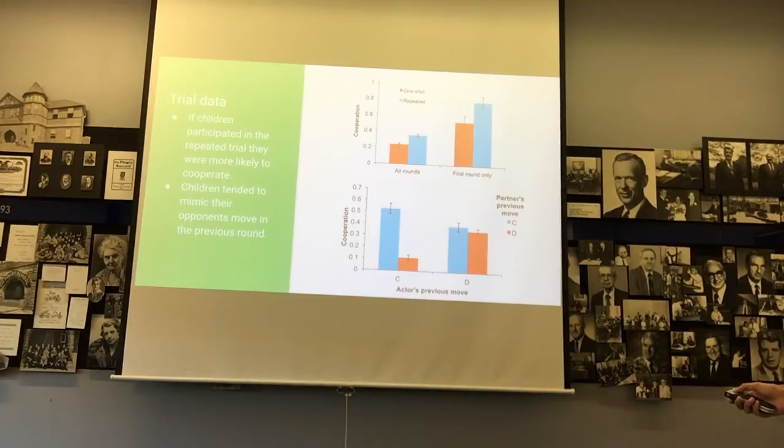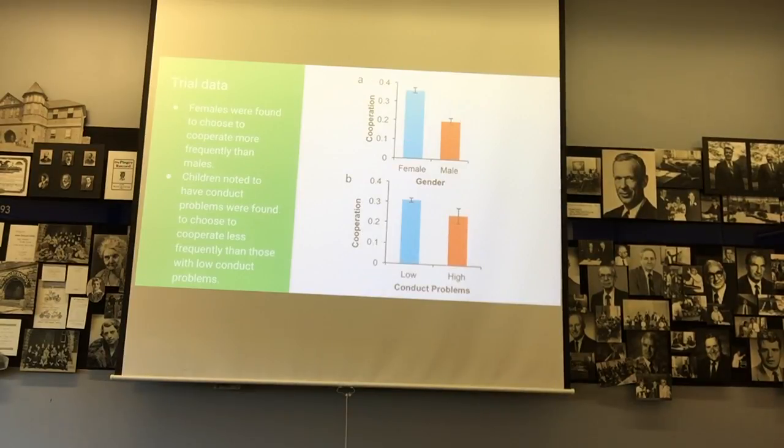So in this case, when their opponent cooperated, they cooperated over 50% of the time the next round themselves. Whereas if their opponent defected, they cooperated less than 10% of the time. And defection was around 50-50. So this means that when an opponent cooperated in a previous round, kids were more likely to say, hey, he wants to cooperate, I'm going to cooperate this time.